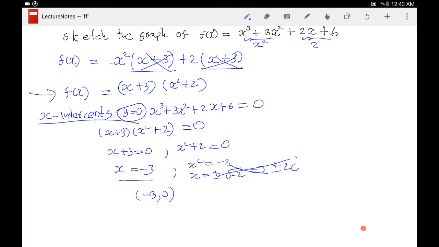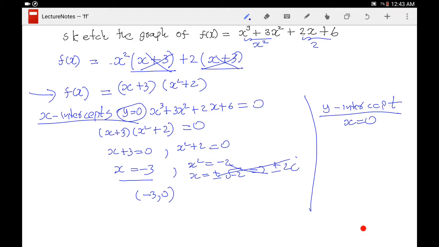Okay, so I have the x-intercept here. Then I'll find the y-intercepts. For the y-intercepts, I can set x equals 0, or plug in x equals 0.